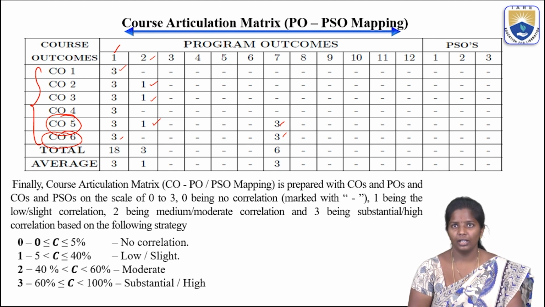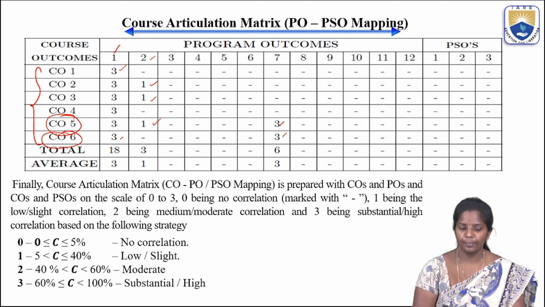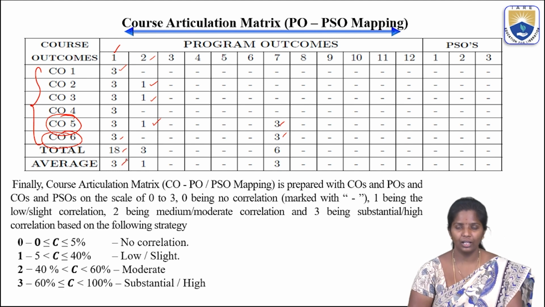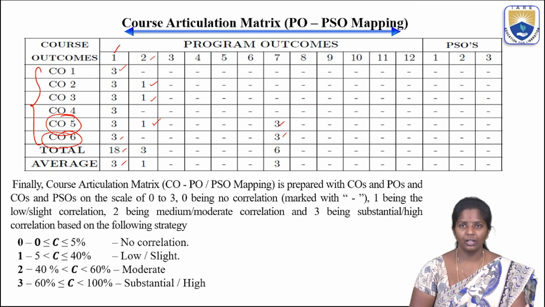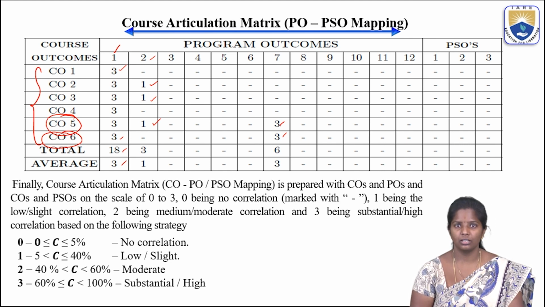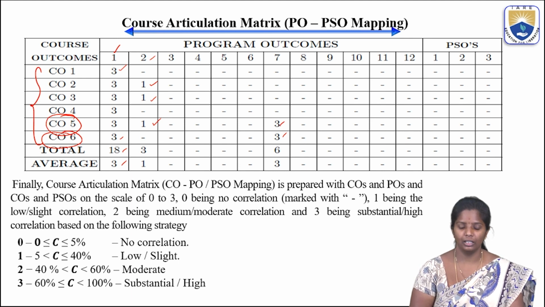This is how an articulation matrix is prepared, and based on the total and average values, we finally give a conclusion on how important the topic is and how the learner has to plan for better learning.